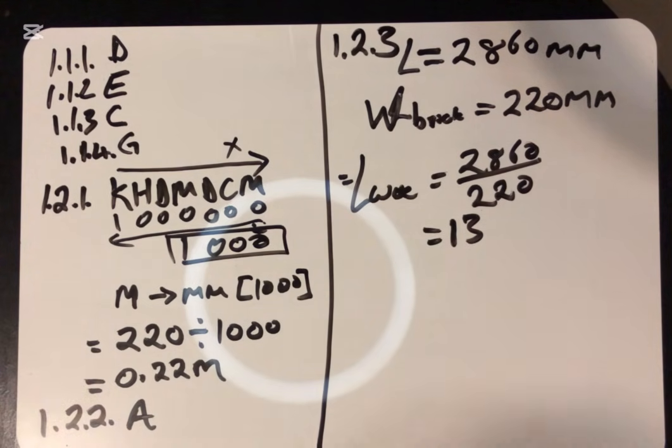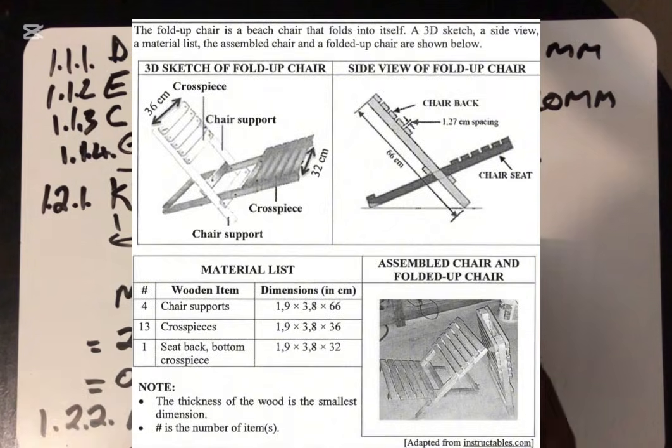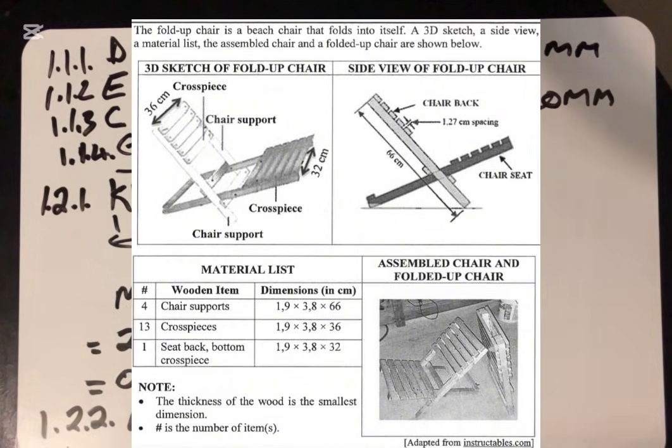Then we move to 1.3. 1.3.1. If you look at 1.3, it says that the fold up chair is a beach chair that folds into itself. A 3D sketch, a side view, a material list, the assembled chair, and the folded up chair are shown below.